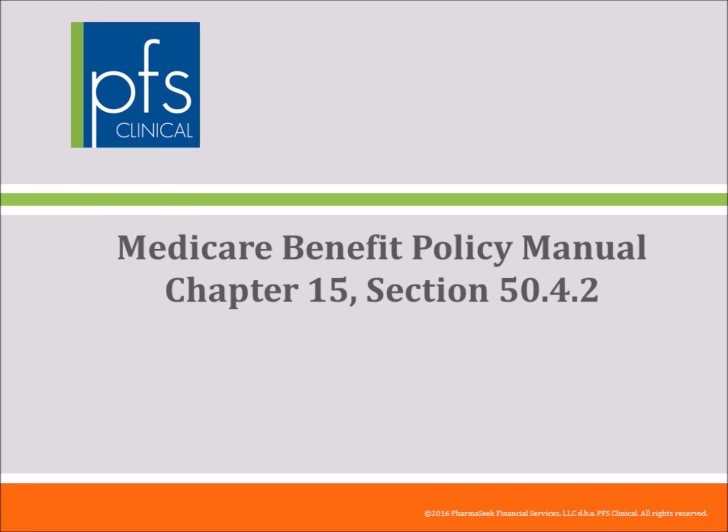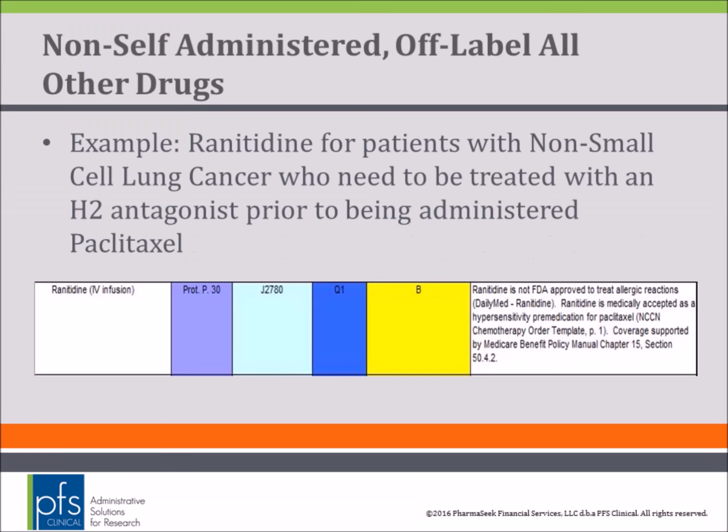Chapter 15, Section 50.4.2 can also be used for off-label analysis. This section of Chapter 15 in the MBPM is used to support coverage for other drugs outside of anticancer drugs. For example, ranitidine is being used in this study as an H2 antagonist prior to being administered paclitaxel.